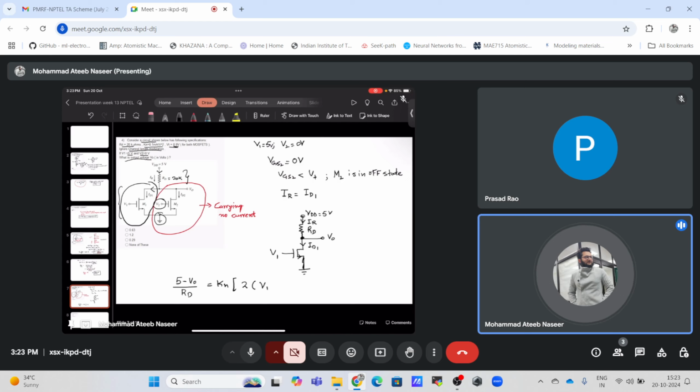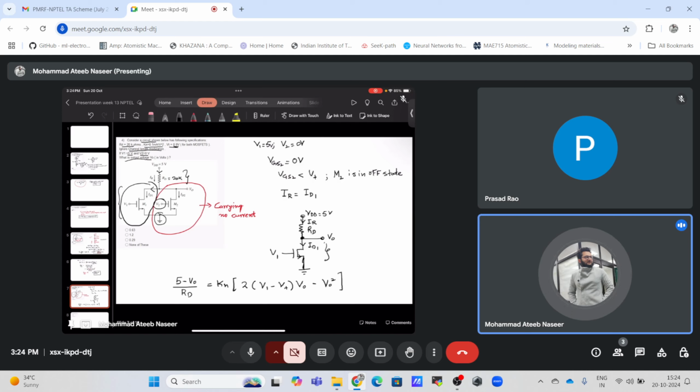VGS is V1. VDS is V0, across this. So it is simply V0 minus V0 squared. Okay, so let's solve for this.